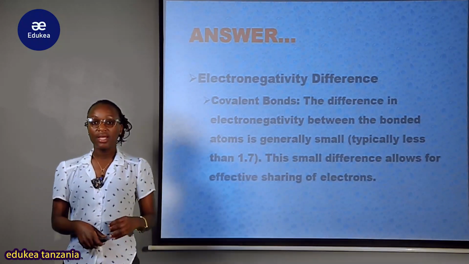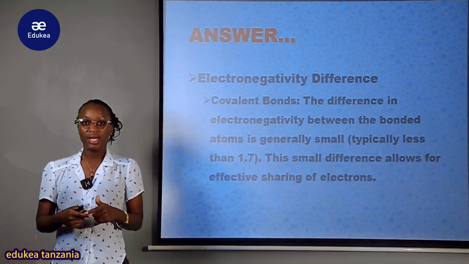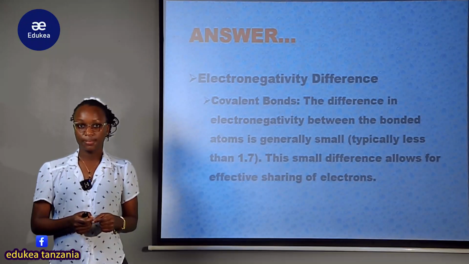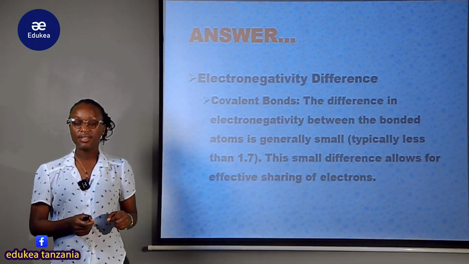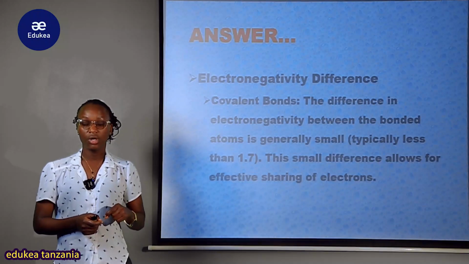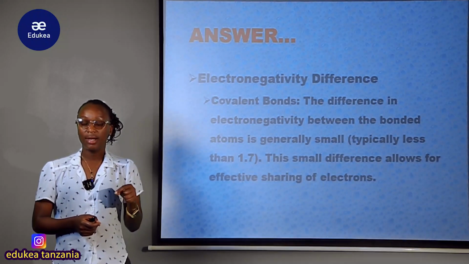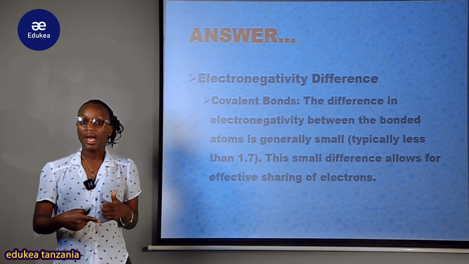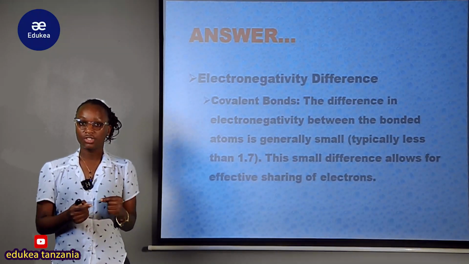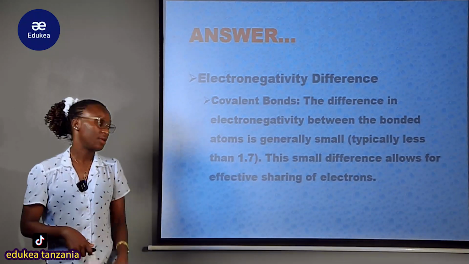So the way they have the lower electronegativity, it influences that sharing of electrons between non-metals. So electronegativity of covalent compounds always is lower, and its low electronegativity ensures that ile sharing of electrons between atoms inakuwa more effective.